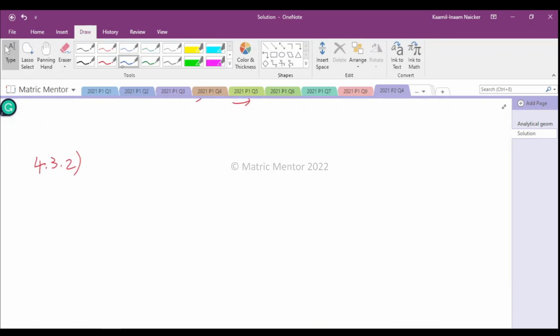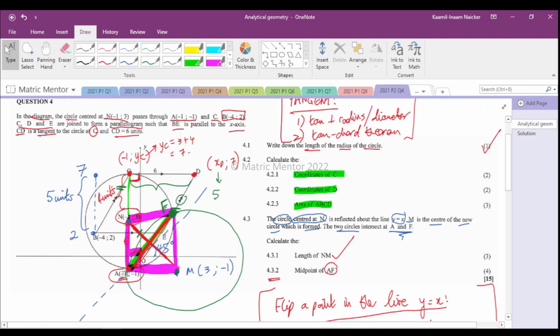The first thing I'm going to say is that the midpoint of AF is the same as the midpoint of MN.